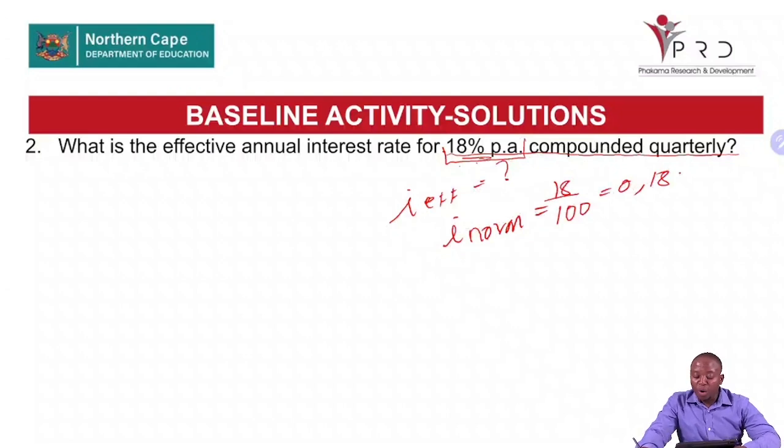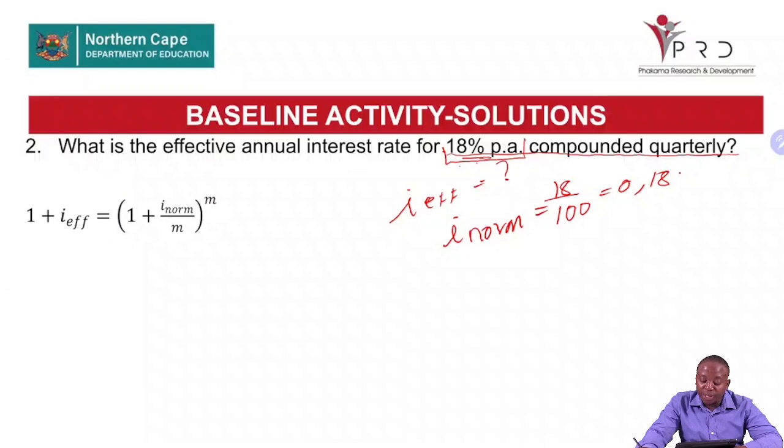Now from here, we quote down the formula that we utilize for this calculation, as we are expected to convert from nominal into effective. So that's what we are converting to.